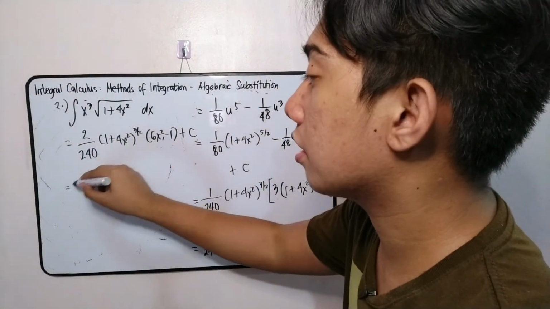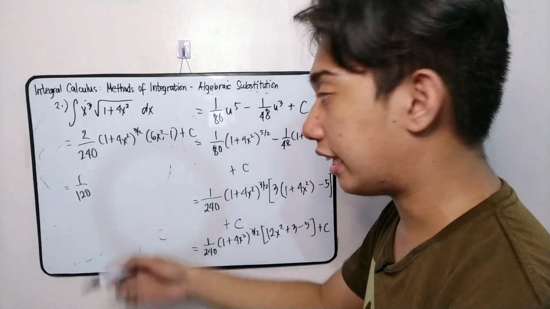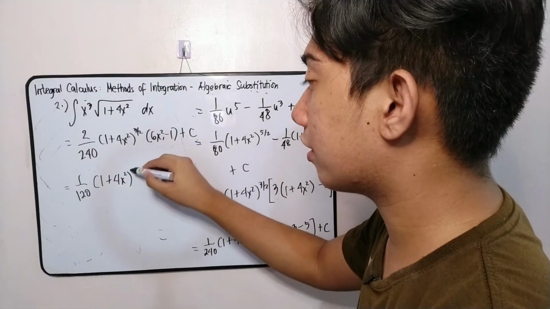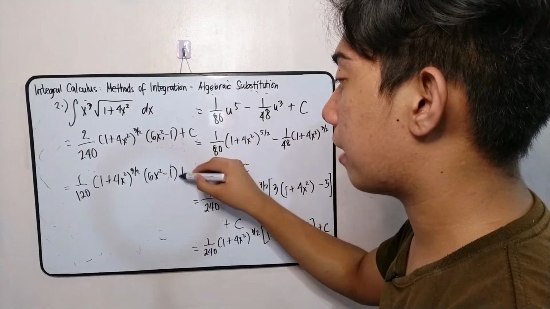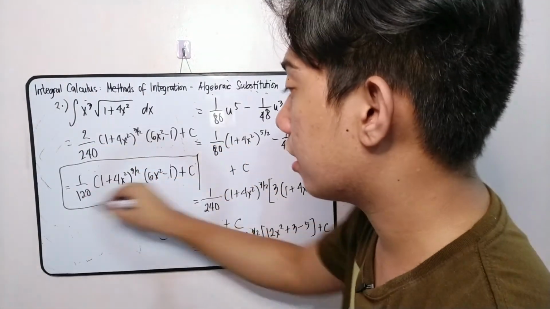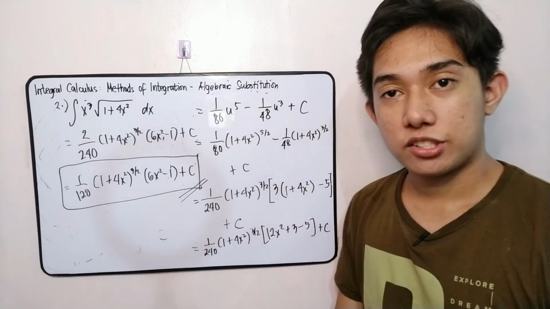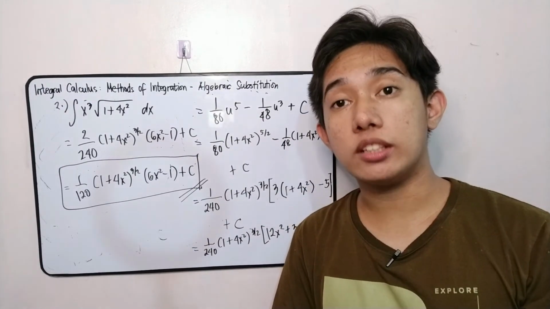So, the final answer will be 1 over 120 times quantity 1 plus 4x squared raised to 3 halves times 6x squared minus 1 plus c. So, this is our final answer.